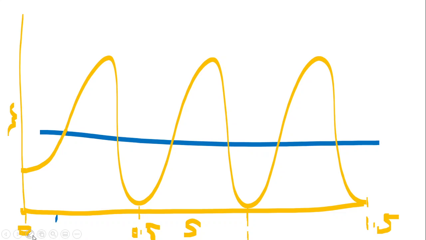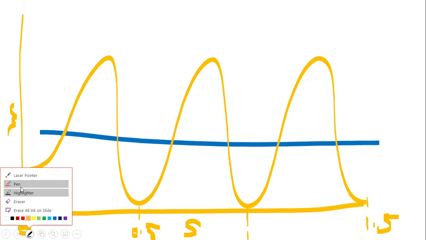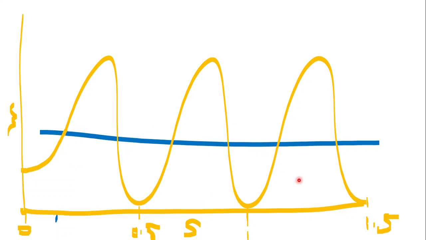For that, if we're given a graph, first thing we do is go to the point where it is marked as 1 second. We have marked it over here, and then we count the number of waves that have been generated from time 0 to time 1 second. So if we start from 0, from this point till this point, we have one wave because these 2 points are in phase, and then from this point to this point, we have another wave. So 2 waves are formed in 1 second, and thus that tells us that we have a frequency of 2 hertz.